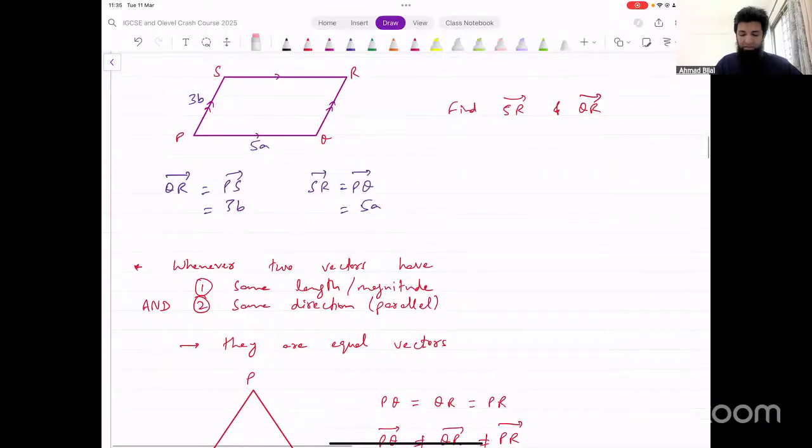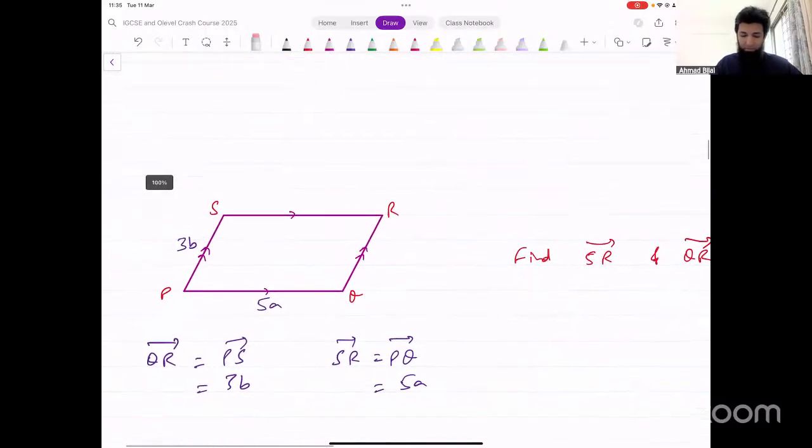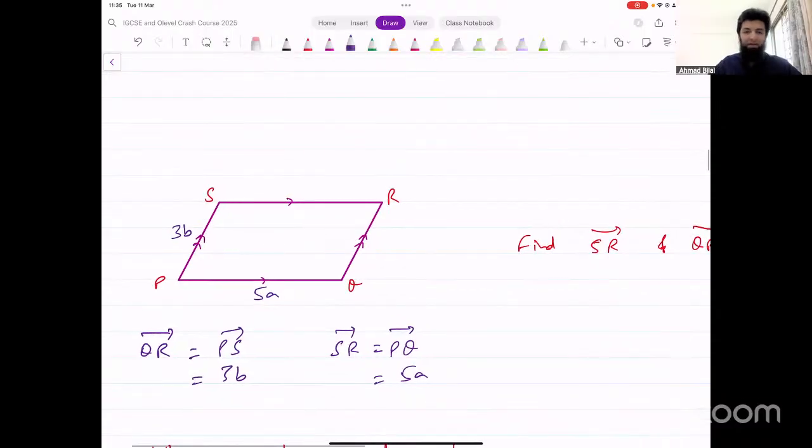Then we talked about these simple examples in which we have two vectors that are parallel and they have the same length. For instance, if we have a parallelogram that looks like this, PQRS, it's a parallelogram. In this parallelogram, if you know this vector 3b, then the vector QR is going to be the same as that as well.